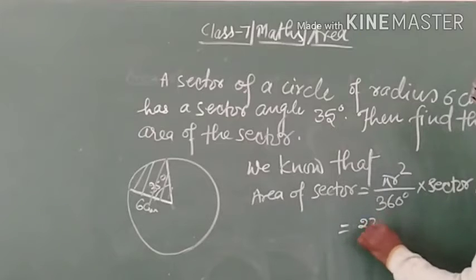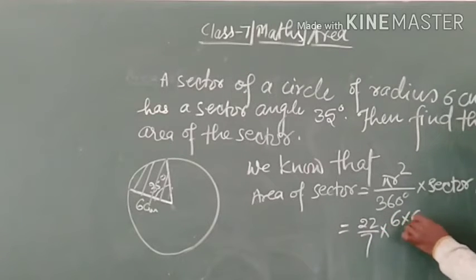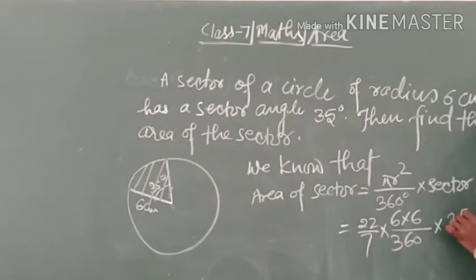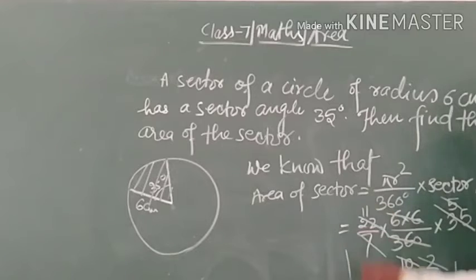We get 22 upon 7, which is the value of pi, multiplied by r, that is 6 into 6, upon 360, multiplied by 35, where 35 is the sector angle. 7 ones are 7, 7 fives are 35. 6 sixes are 36, and 36 tens are 360. 5 ones are 5, 5 twos are 10, 2 ones are 2, and 11 twos are 22.